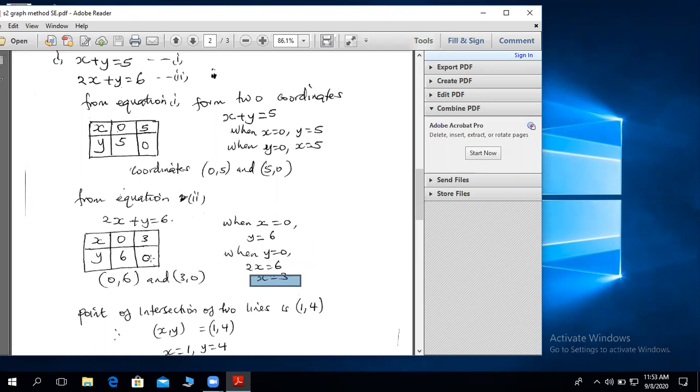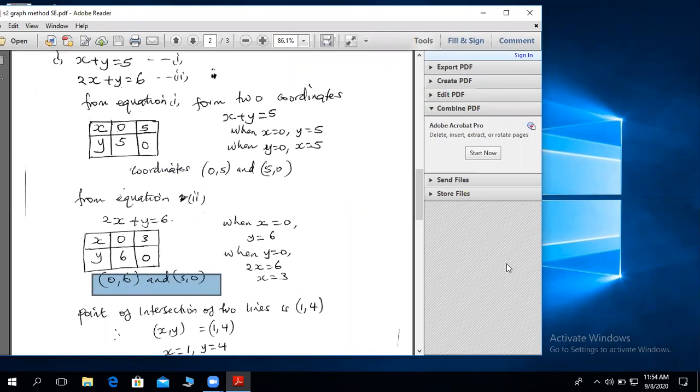So when y is 0, my x is equal to 3. So my coordinates are 0, 6 and 3, 0. These are the coordinates for the first equation, and these are the coordinates for the second equation.